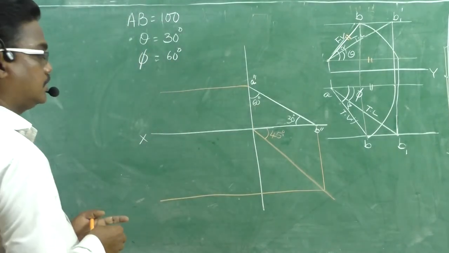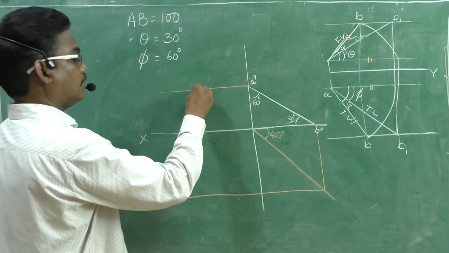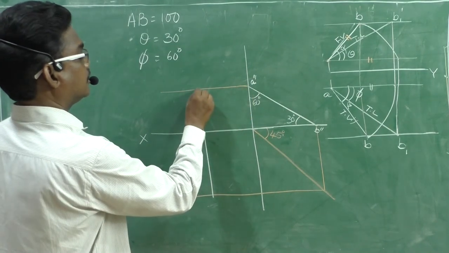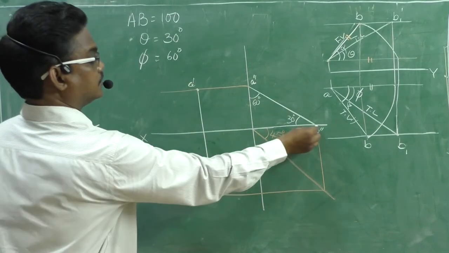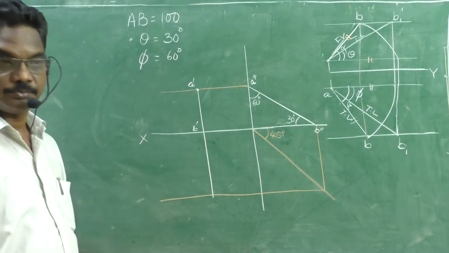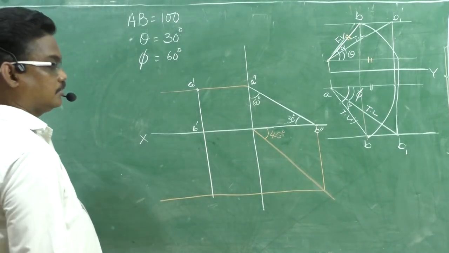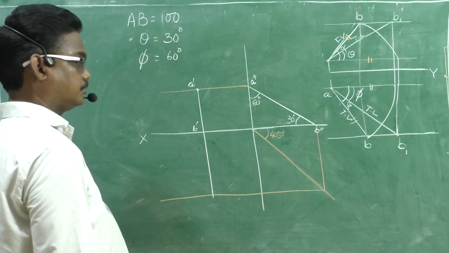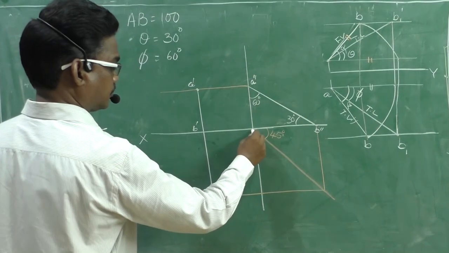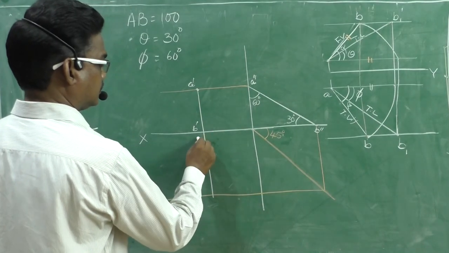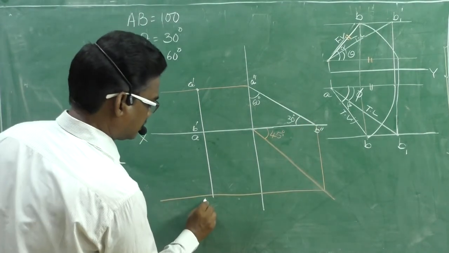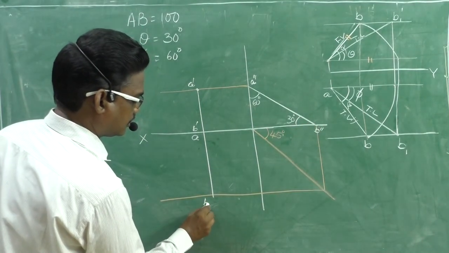Now, if you draw a line like this, this is the A dash and this is the B dash, which gives us the front view, right? Now, in the top view, see, this is the line we project here and here. This is A and this is B.